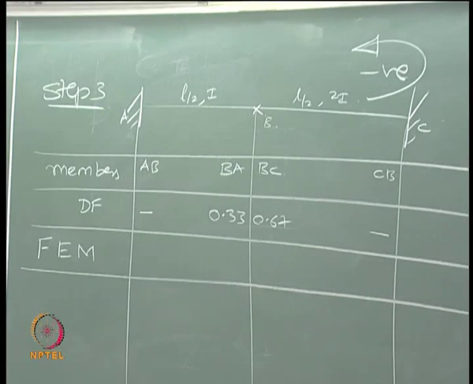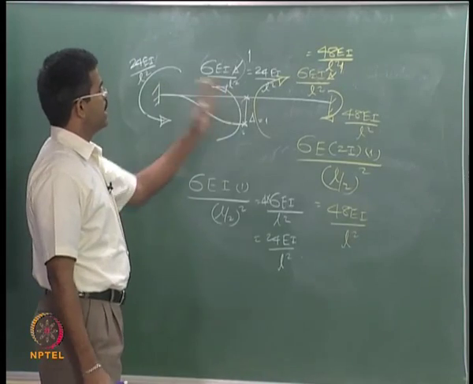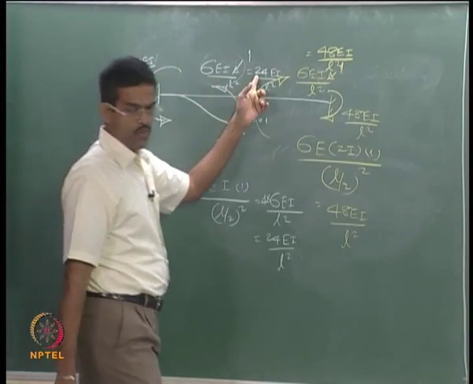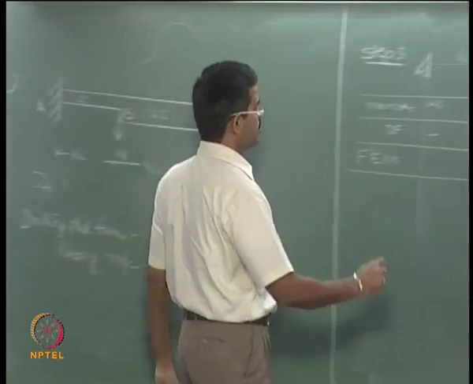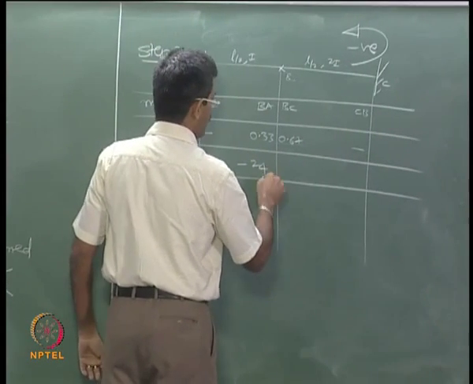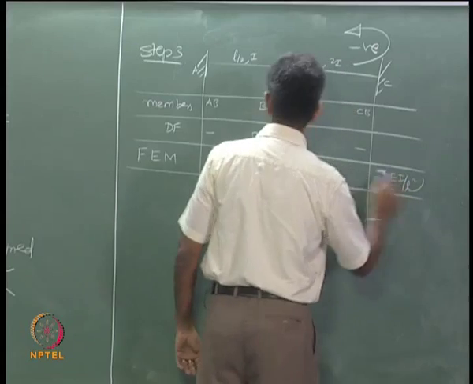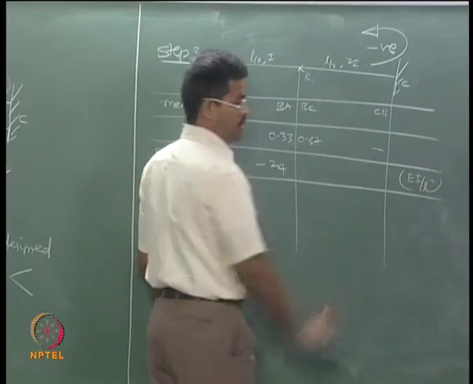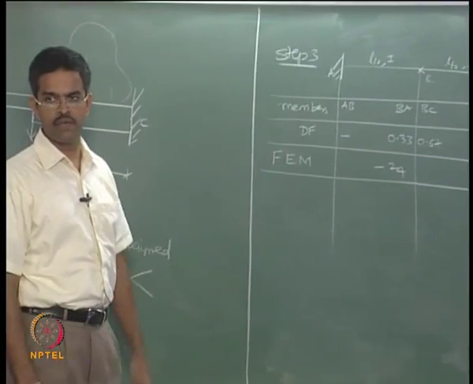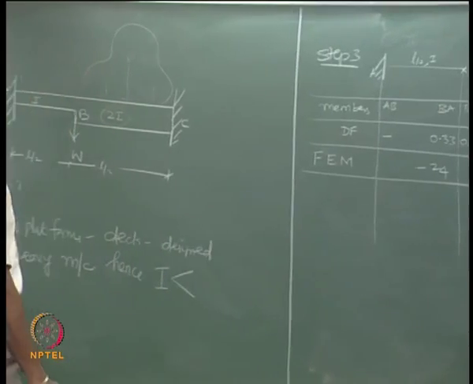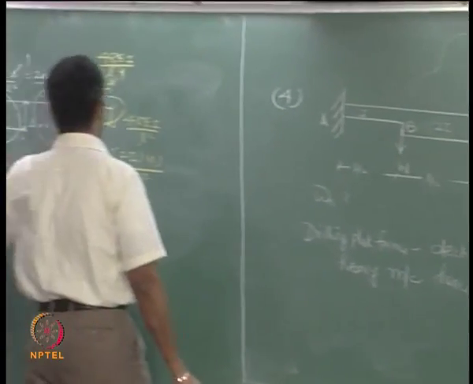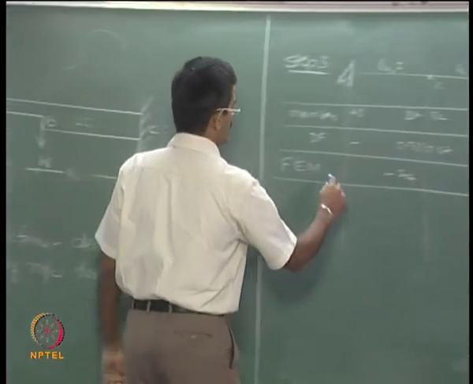Look at the member BA, look at the piece BA, it is anti-clockwise of 24, I enter here minus 24. Of course, the multiplier of EI by L square will remain common for the entire row, I take it out, it is not required to be written inside. Similarly, for the member AB, again anti-clockwise, so minus 24.